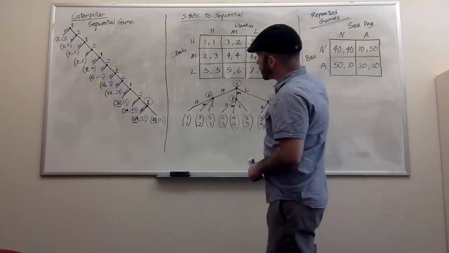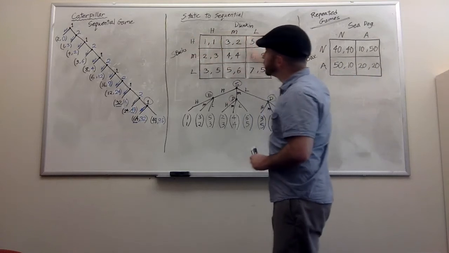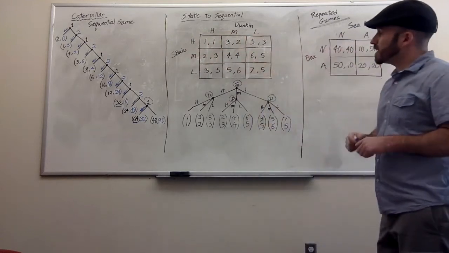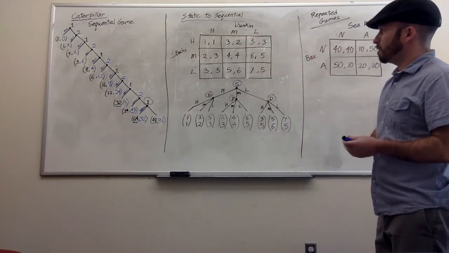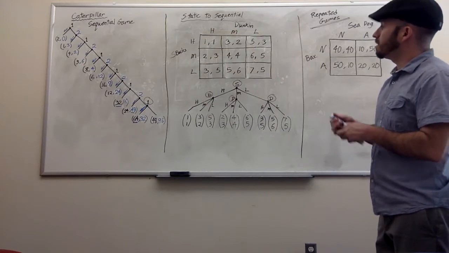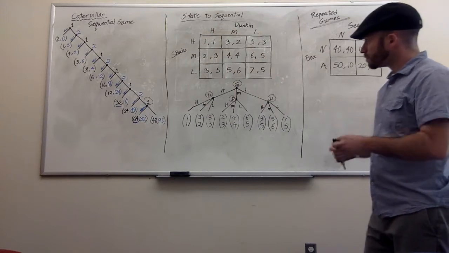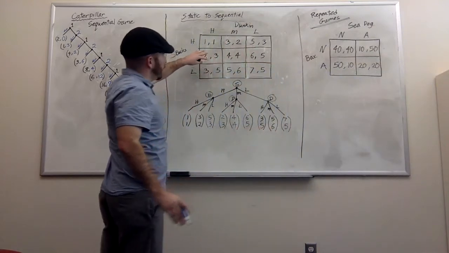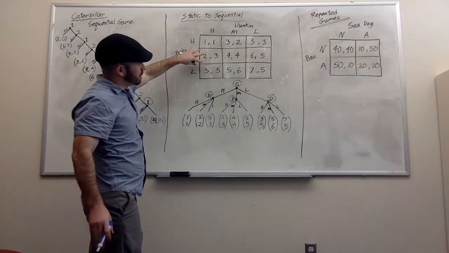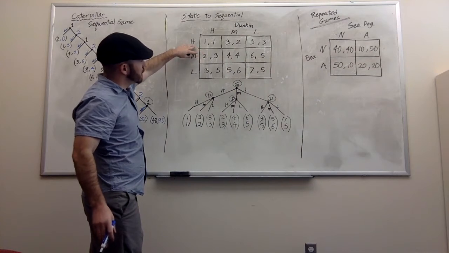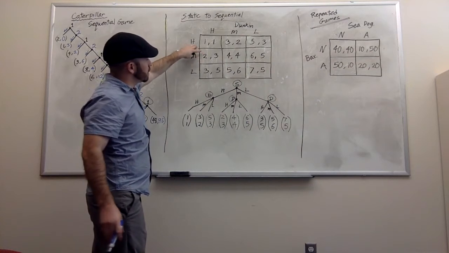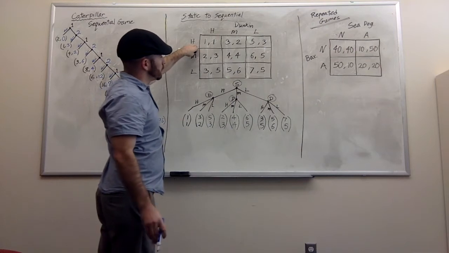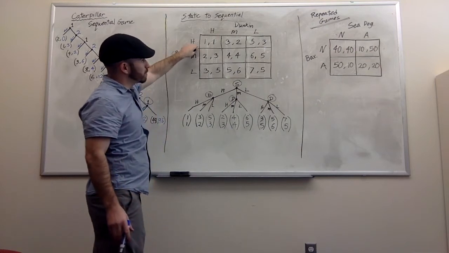So first, let's think about Starbucks and Dunkin' setting their prices as high, medium, or low, and their profits here. As in the previous part of the lecture, my recommendation is always going to be to look for best responses.